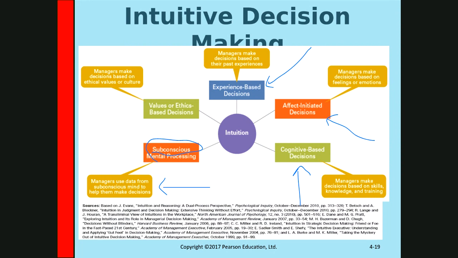And of course, the final one, it can be based on who you are, how you were brought up, certain values or ethics that can create certain intuitive decision making. Okay, this one will not be tested as well, so don't worry about memorizing. Just need to understand how intuitive decision making comes about.